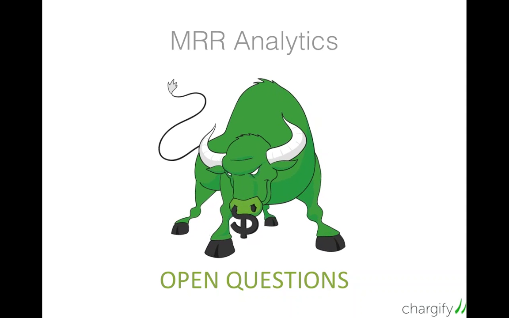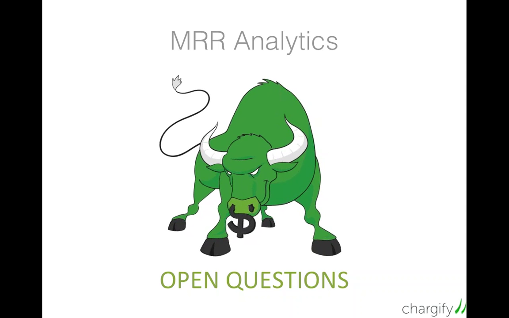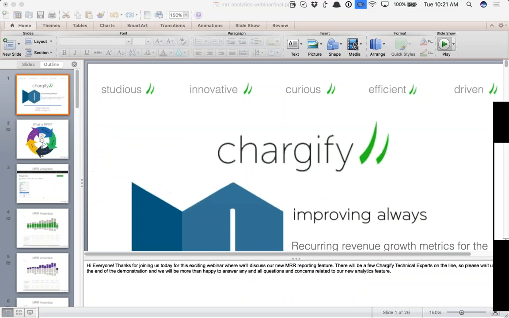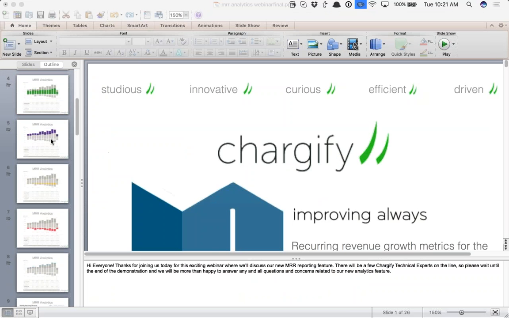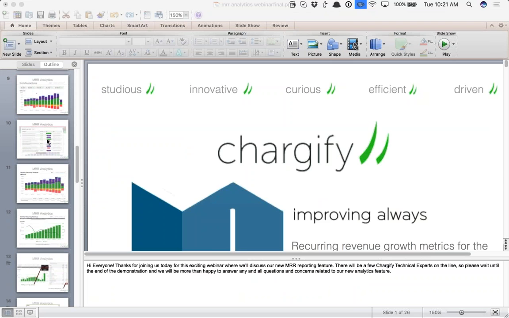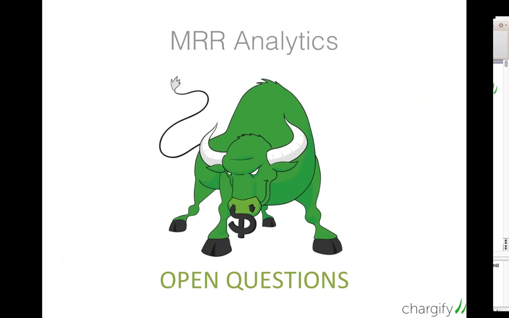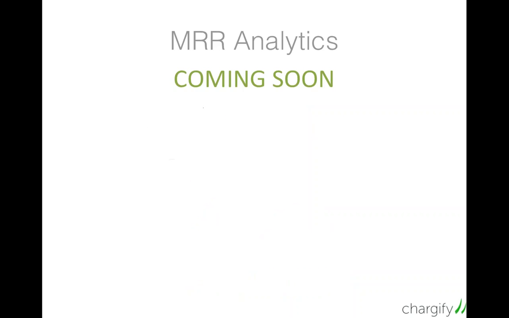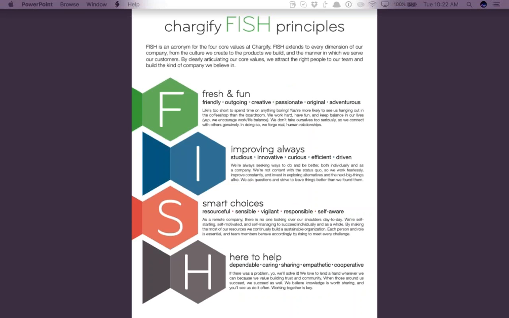So a lot of people are asking where to find the MRR report. Let's go ahead and take a look at one of the examples I showed at the beginning, where to access these MRR tabs. Just give me 1 second.